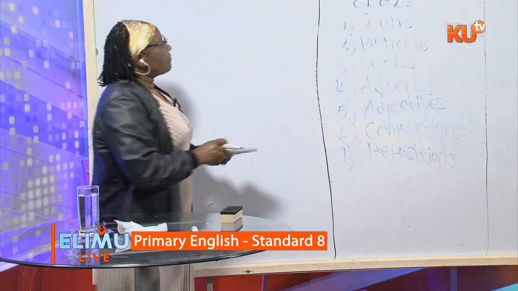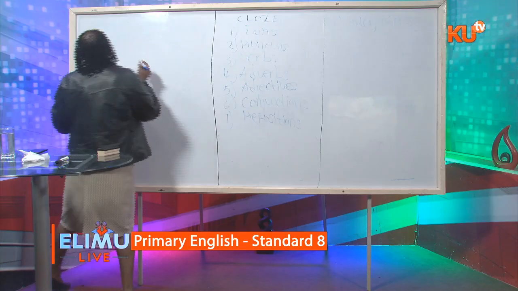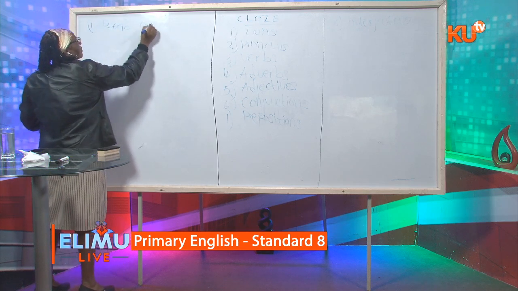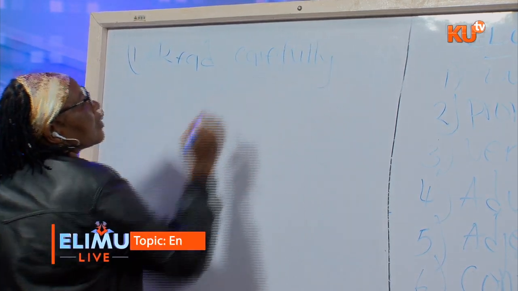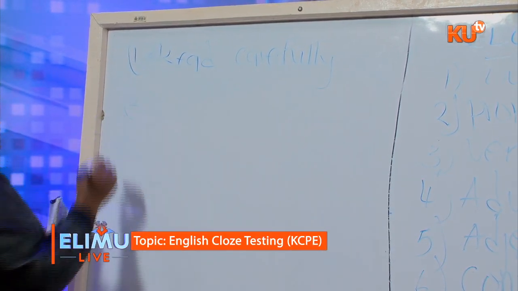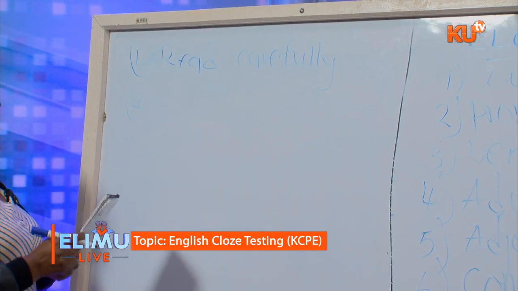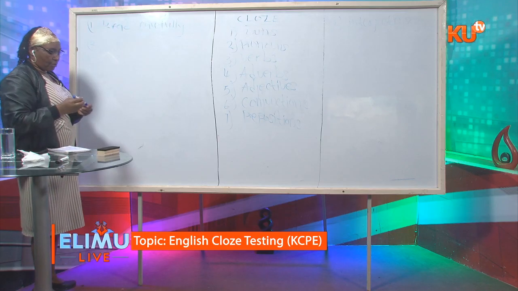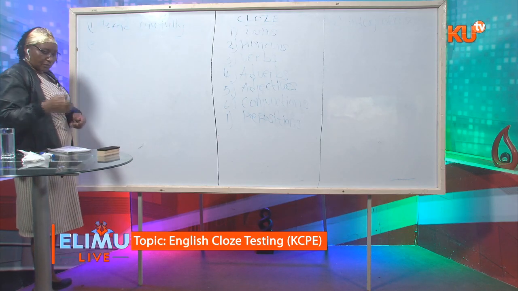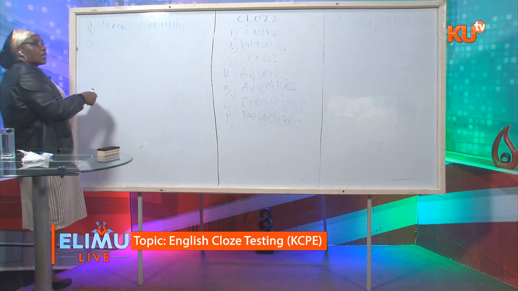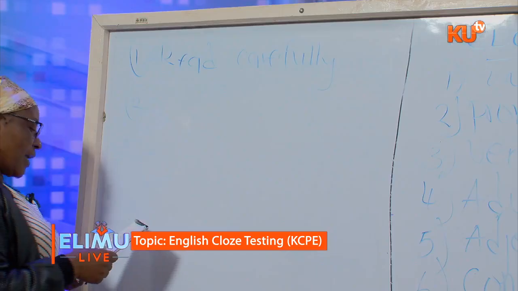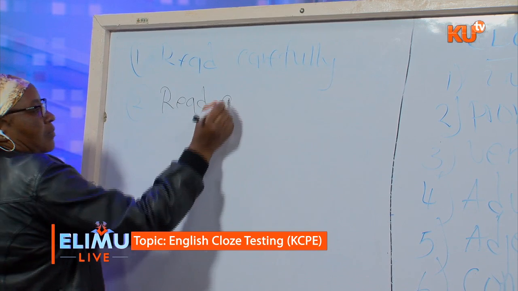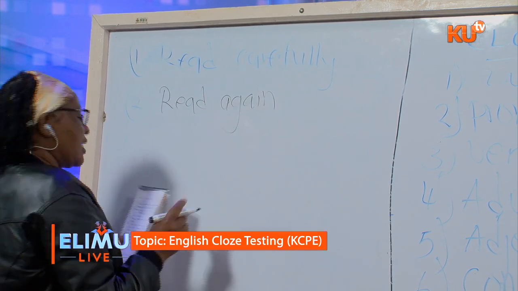So the first thing is to read carefully. The second thing, as you read the broken passage, is to read again.